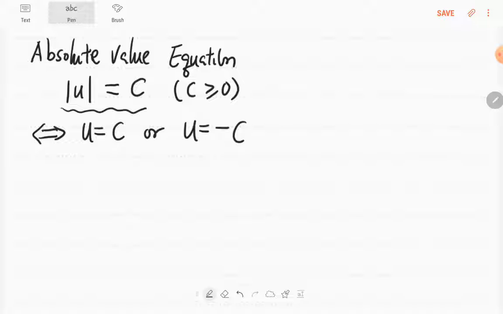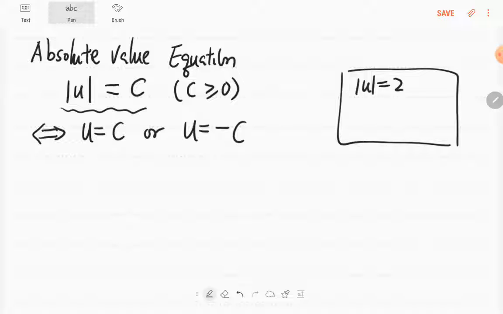The reason is, for example, if you have the absolute value of u equals 2, we know u could be equal to 2 or u equal to what? Negative 2, right? So we use this property to solve the equation involving the absolute value.